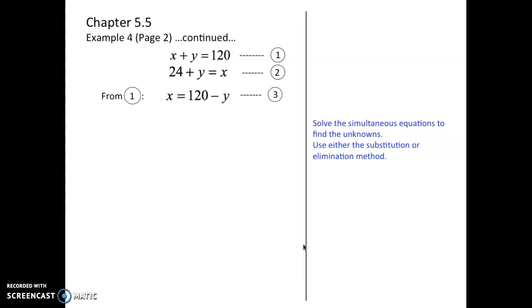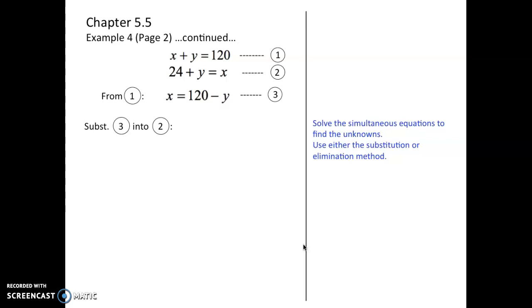From equation 1, I'm going to have x equals 120 minus y. In this question, I am going to use the substitution method. So, because equation 3 was derived from equation 1, I can only put equation 3 into equation 2 now.